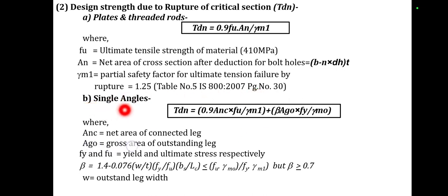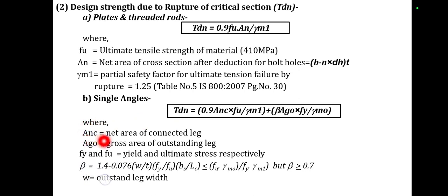Then the second part is to calculate the design strength due to rupture of critical section for the angle section. Usually we calculate it for a single angle section. So TDN equals 0.9 into Anc into Fu divided by gamma m1, plus beta into Ago into Fy divided by gamma m0.